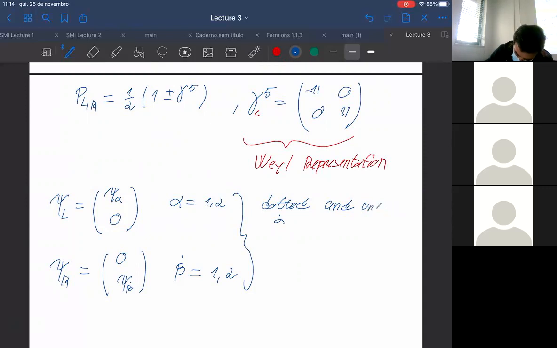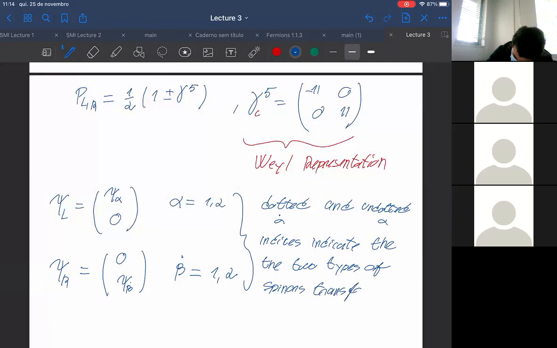Dotted indices denote, or indicate, that the two types of spinors transform differently under the Lorentz group.